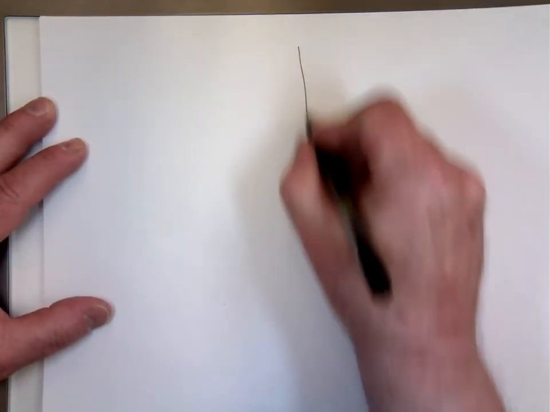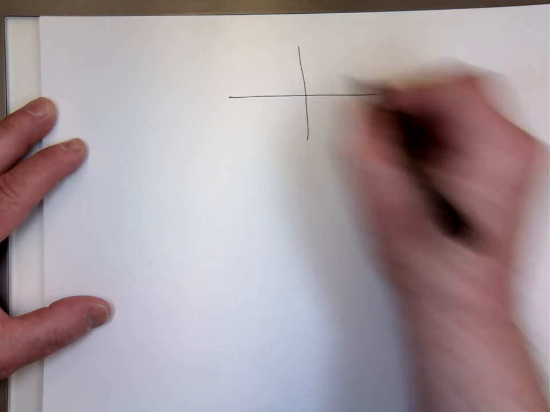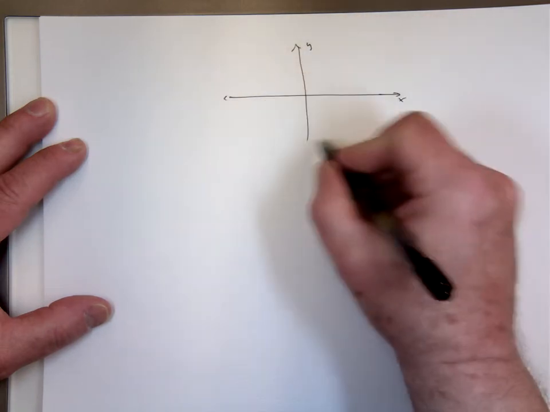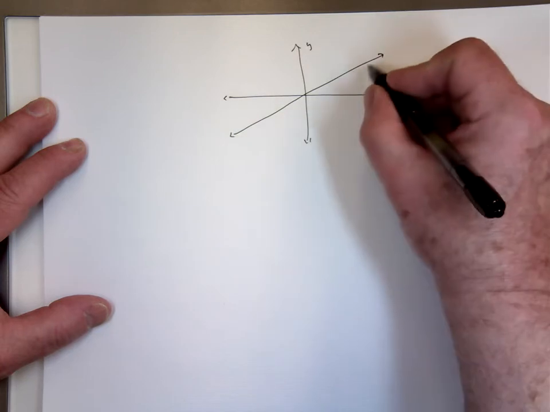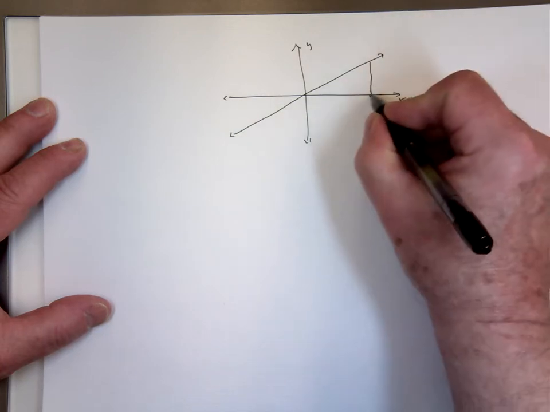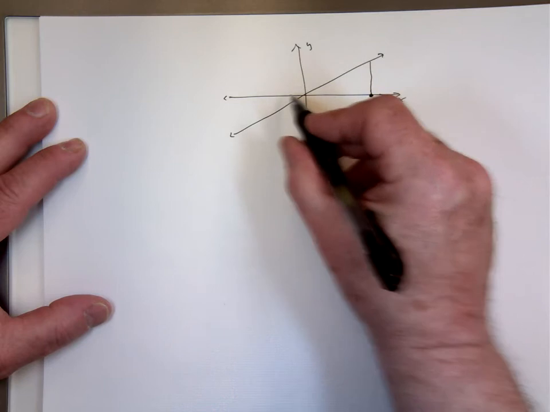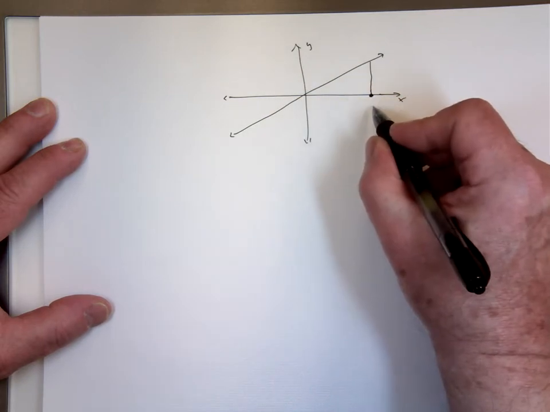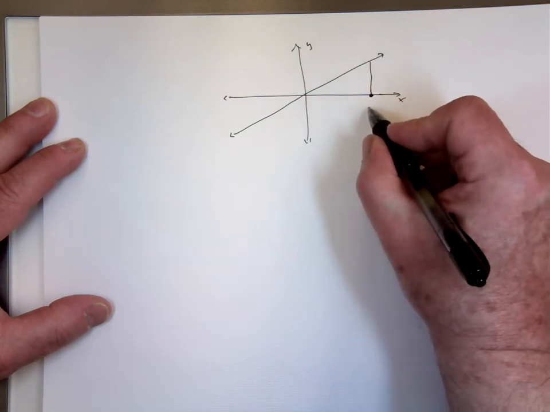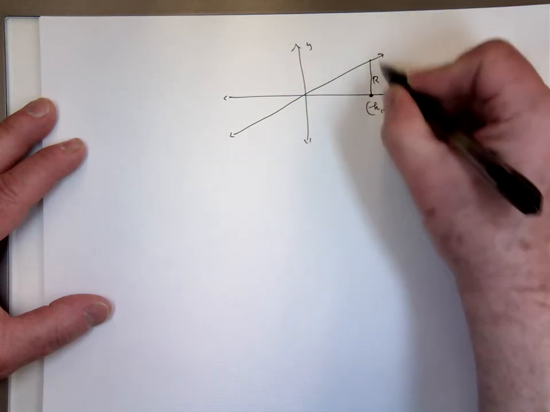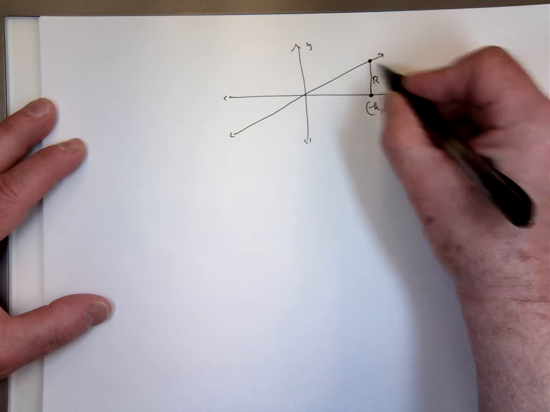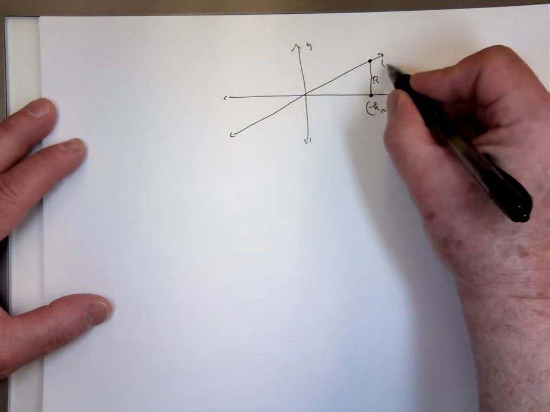Let's do the problem. The problem was to take this function, a straight line, and I said that x was equal to h, and this is capital R. So this point right here is (h, R).